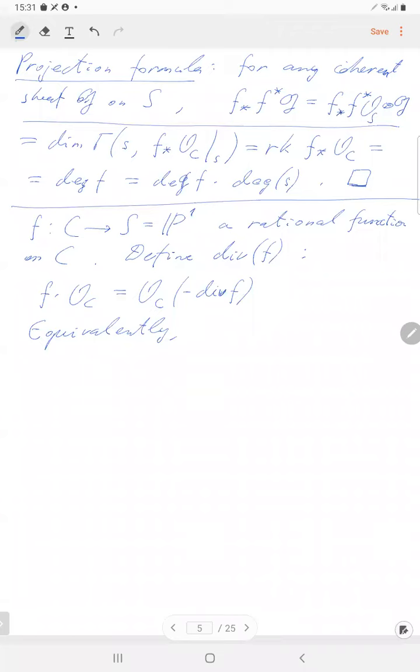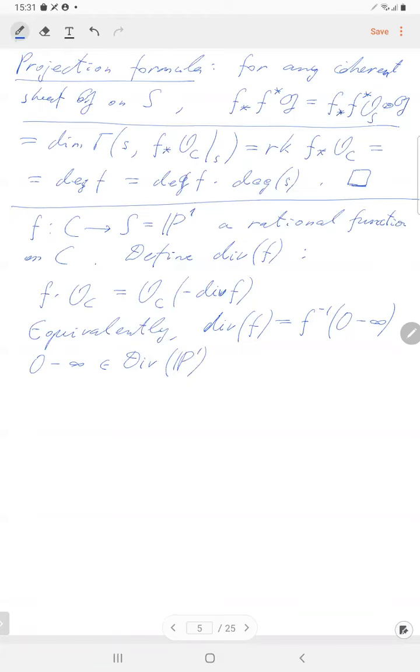So the divisor of f is the pullback of the difference 0 minus infinity. So 0 minus infinity is a degree 0 divisor on P1.